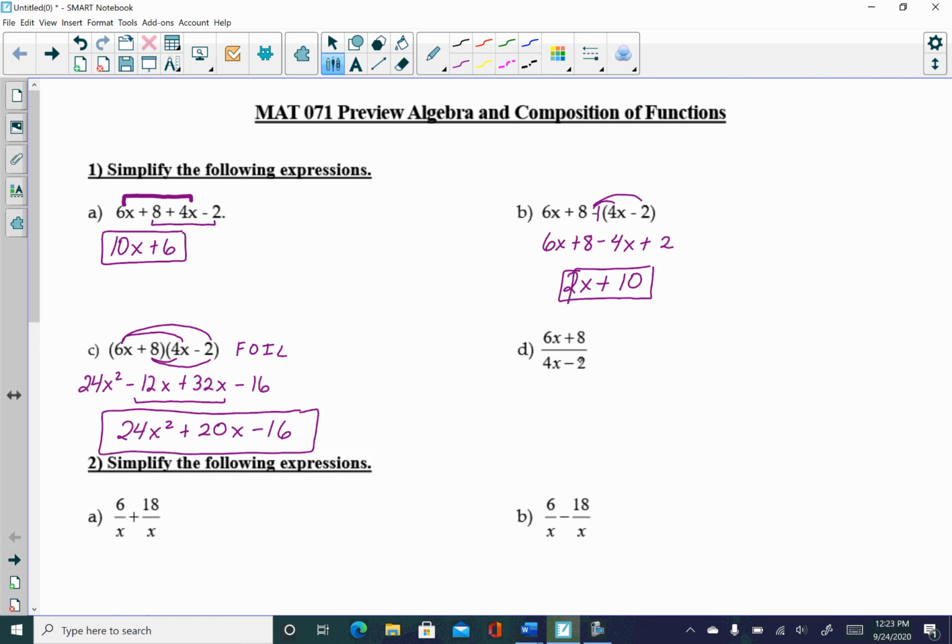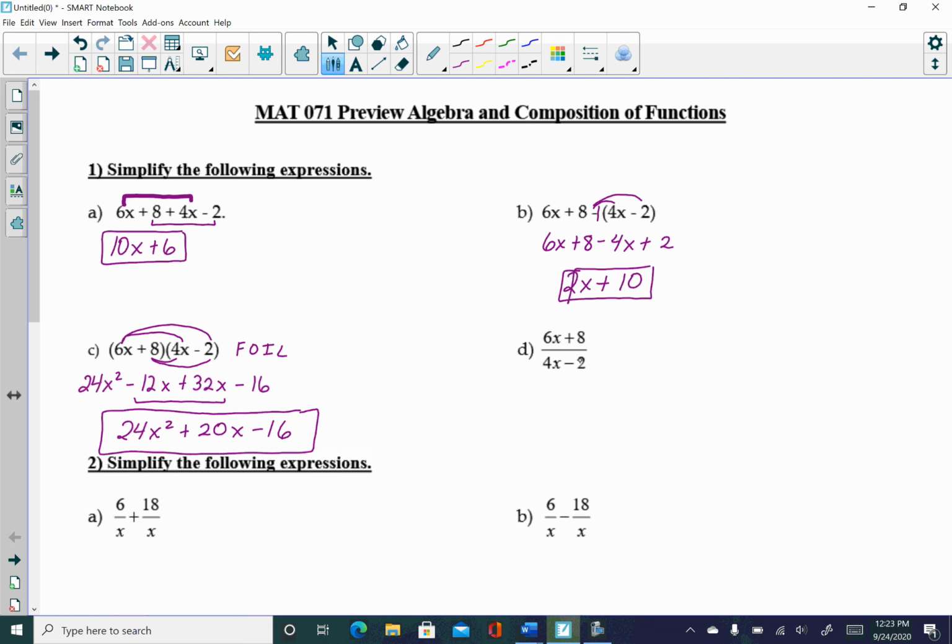Just reducing, simplifying. Okay. Now in number 2, we're simplifying just a little differently. Just want to make sure that we remember our rules of adding, subtracting, multiplying, and dividing fractions. So in letter A and B, anytime when you add and subtract fractions, as long as you have the same common denominator, you keep that denominator and just add the numerators.